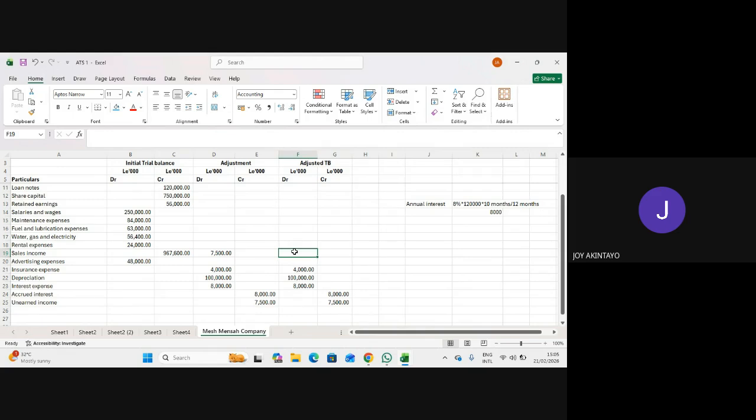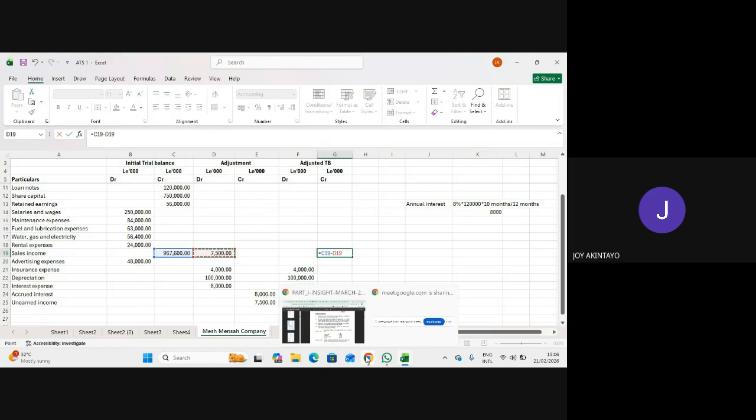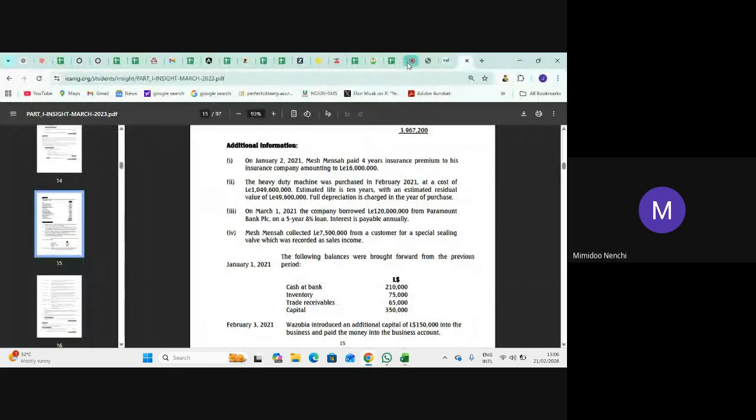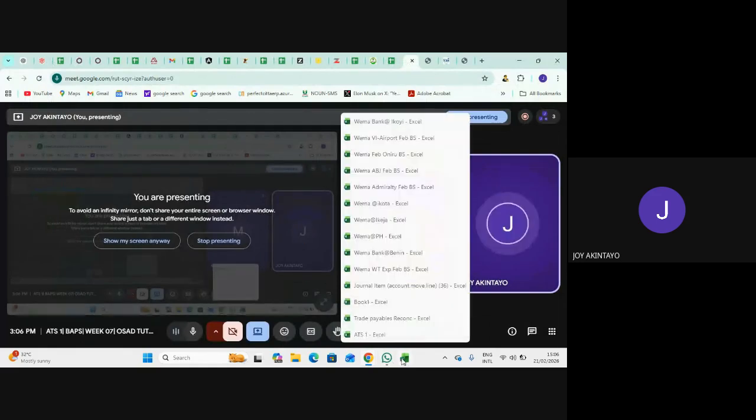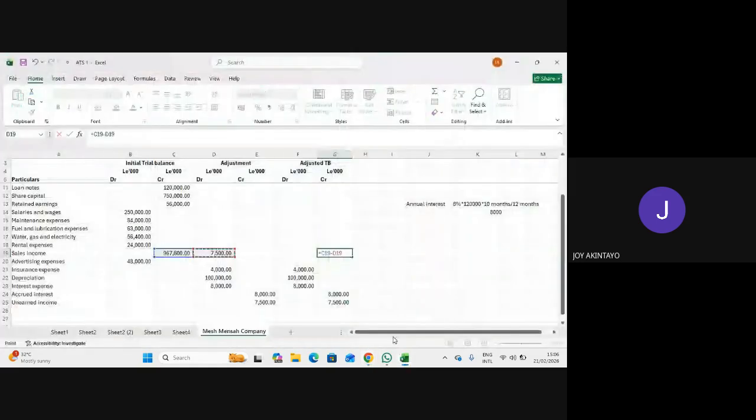Use your calculator to calculate. On the credit side, minus this. What is your answer? Nine hundred and sixty thousand, 100. So we have 960,100. Correct.